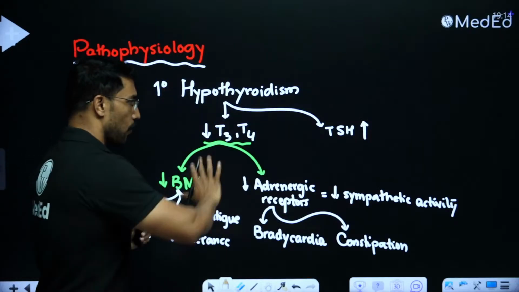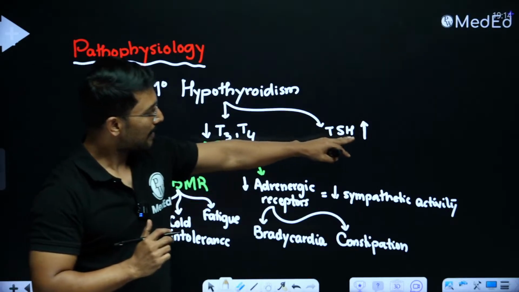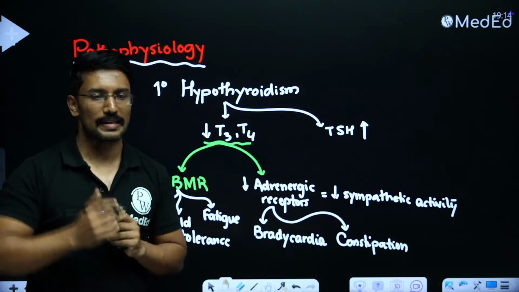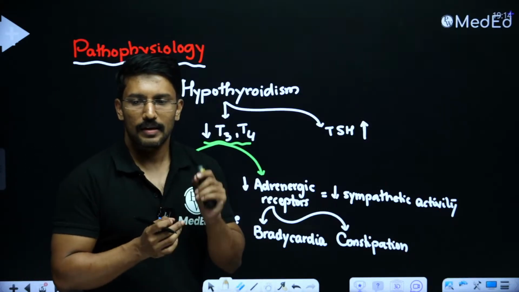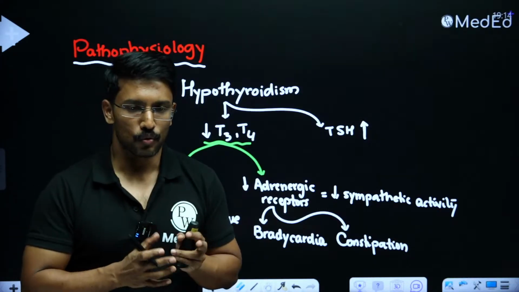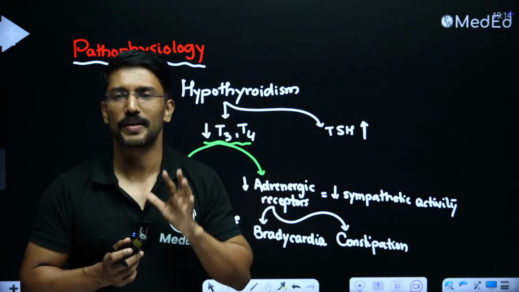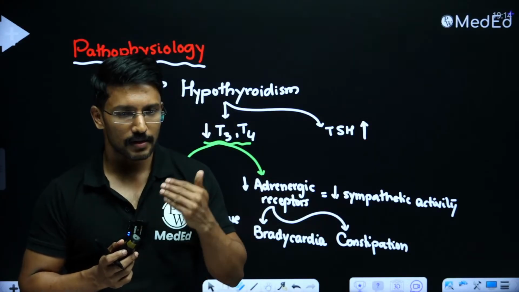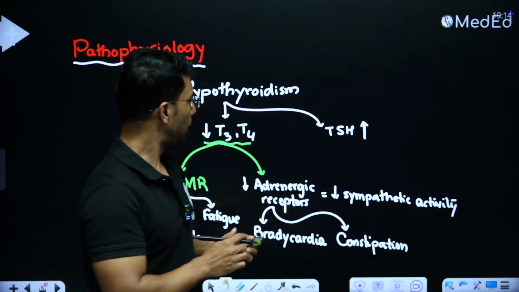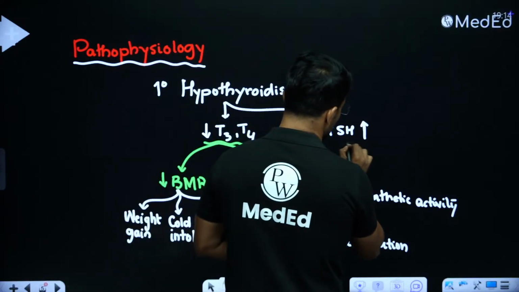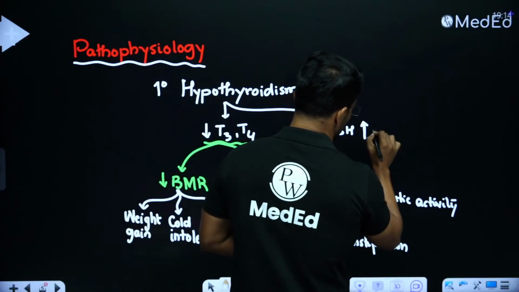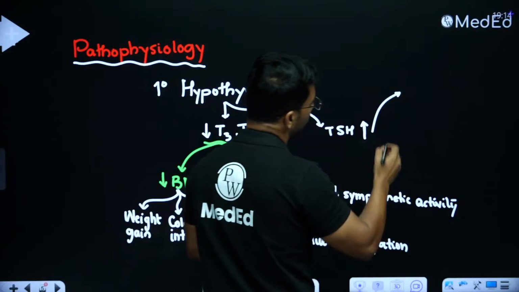Okay. Now on the other hand, let's look at TSH. TSH has increased. If you think that TSH is supposed to only stimulate the production of T3 T4, we are wrong. TSH is known to stimulate one more factor. What is it? This will stimulate fibroblasts.